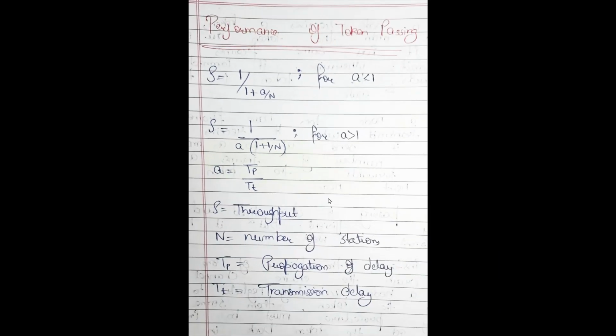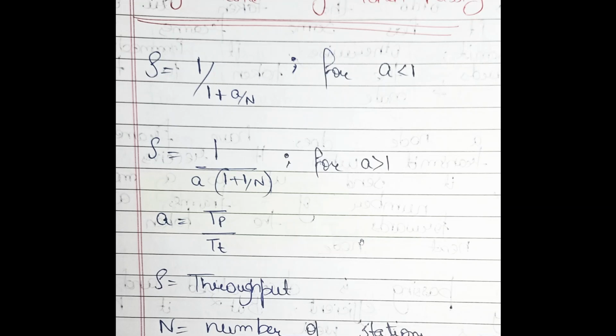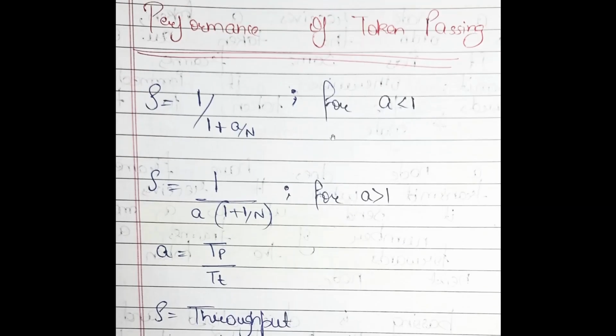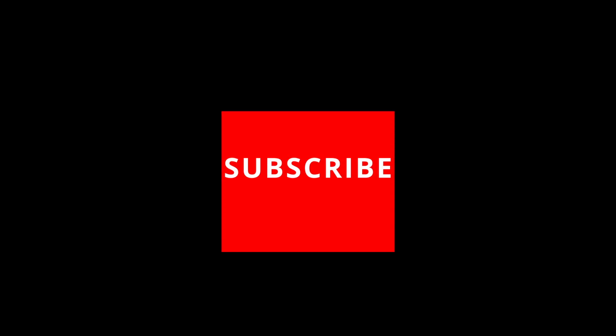Now, first of all, look at A: it is propagation time upon transmission time. If that turns out to be less than 1, then this will be the performance. And if it turns out to be greater than 1, then the performance is going to be this.